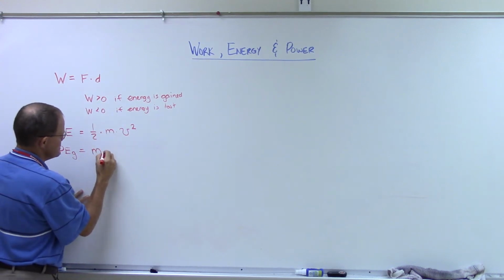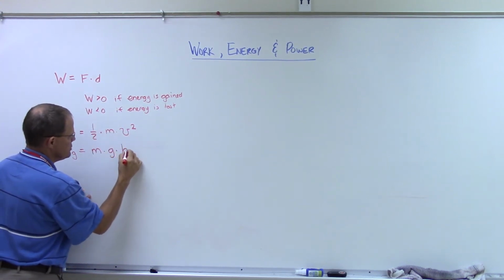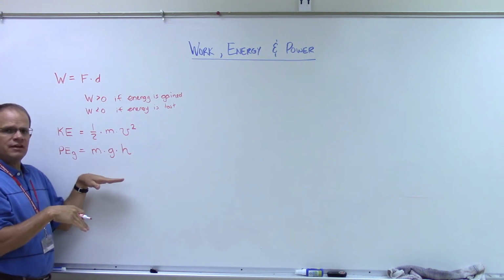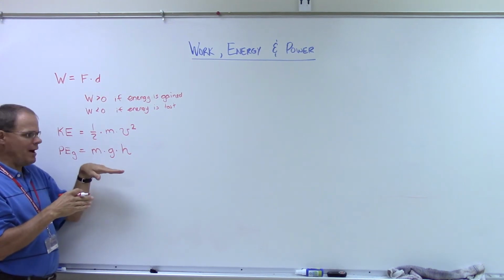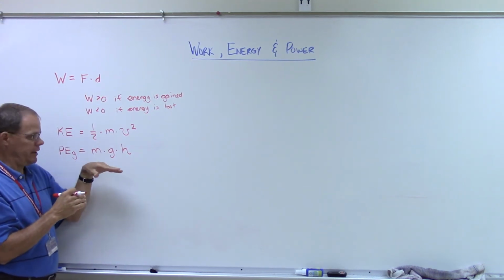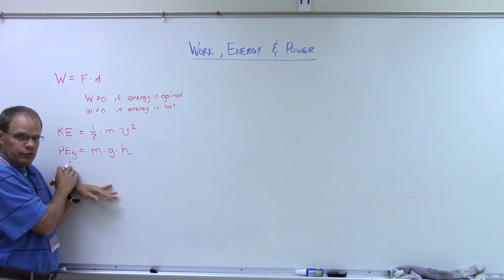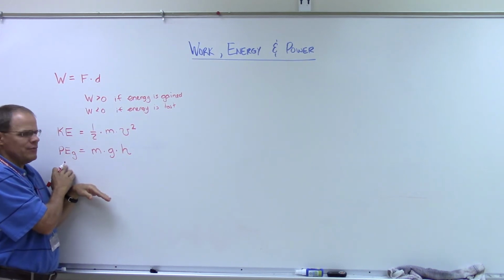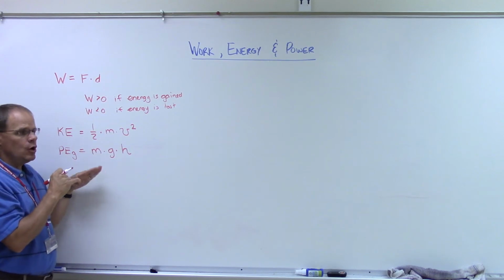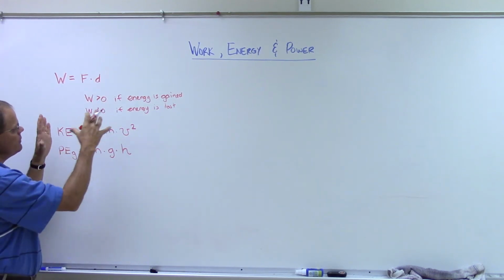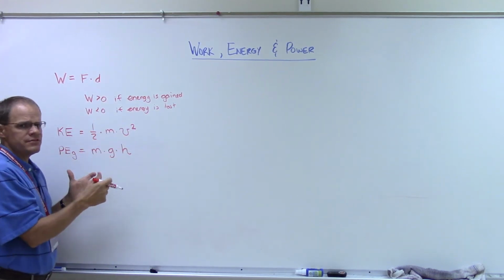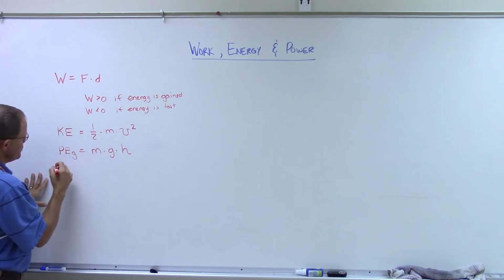And in that case, it's found by m times g times h, where height is how far you are above or below a reference line. So potential energy is relative, and when you're solving a problem, you've got to make sure you indicate clearly what it's relative to.